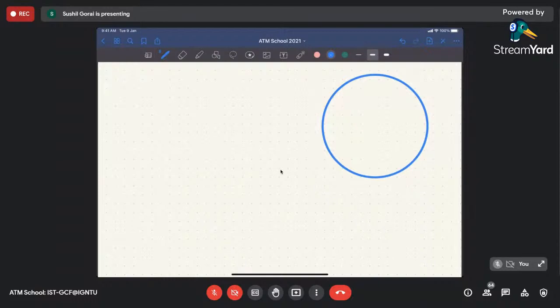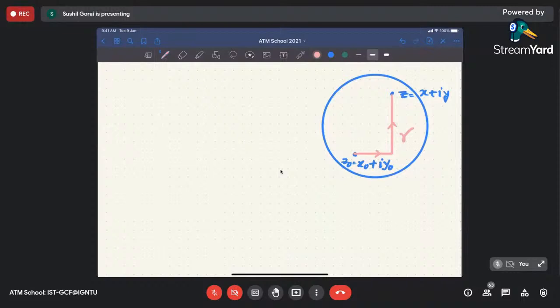So you fix a point x₀ + i y₀, which is nothing but z₀. And you consider a point z here, which is x + iy. You look at first this horizontal and then vertical path.